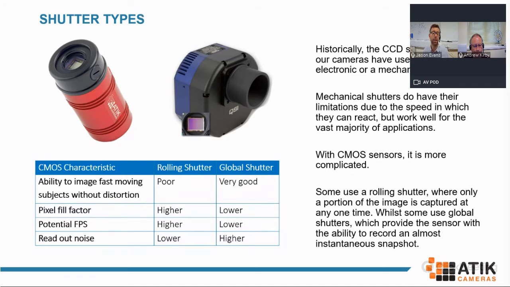In this case, an image is captured and read out in sections, row by row, for example. Each section is then added together to create a full image as though it were taken at exactly the same instant. However, for faster movements, it can cause images to be distorted or unbalanced.